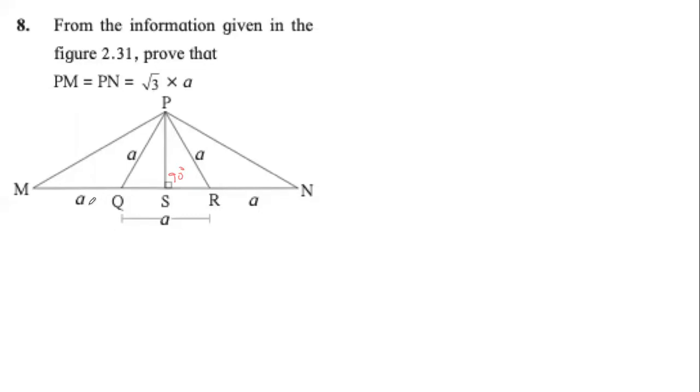Since there is a 90-degree angle, we can use so many things to try to solve this. And it is a very symmetrical diagram. Symmetrical diagram means whatever is on the left is the same on the right. Everything is of length a. And we have to find PM and PN.